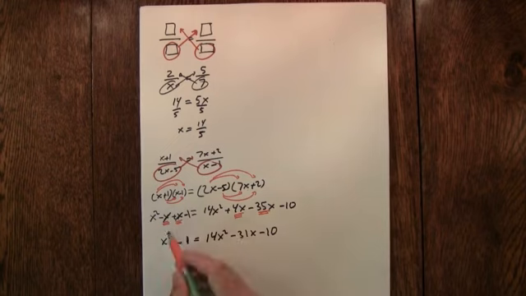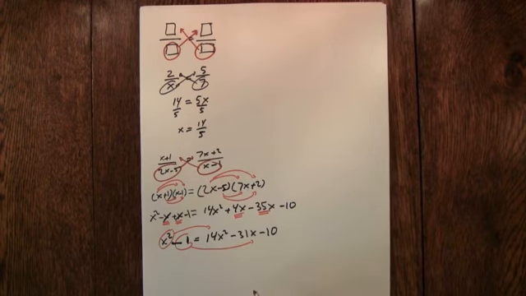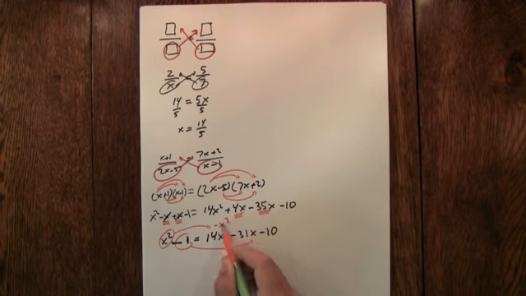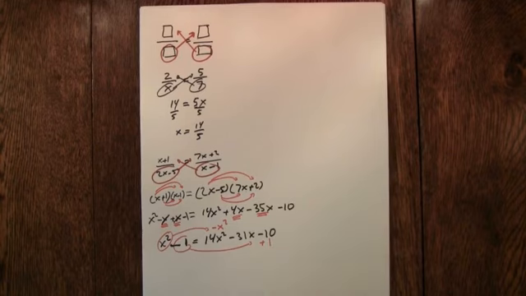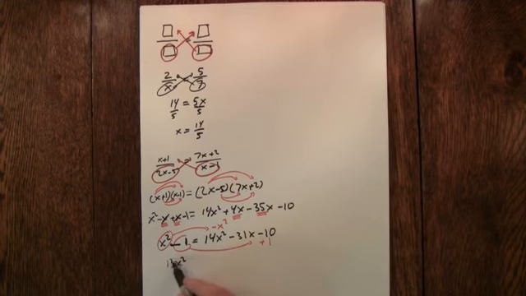So I'm going to grab this and bring it over, and grab that and bring it over. As we talked about previously, this becomes minus x squared, and this becomes plus 1 because the sign changes when we move them. So this becomes 14x squared minus x squared, which is 13x squared.